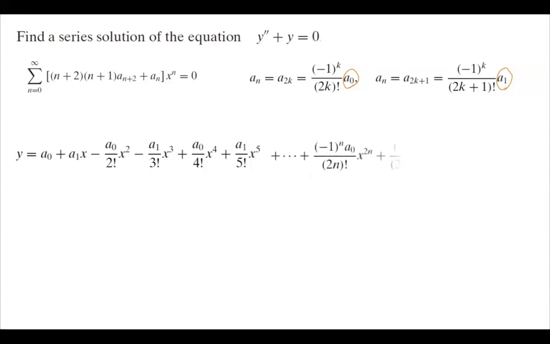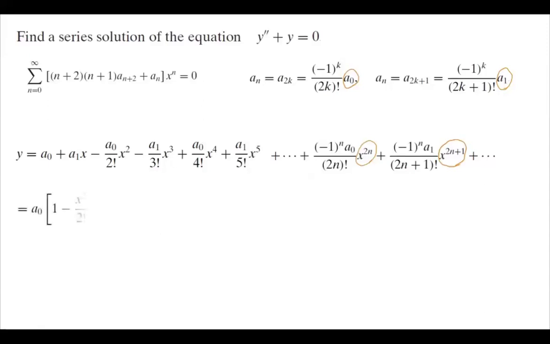Eventually we can see that it is the combination of negative 1 to power n a sub 0 divided by 2n factorial times even powers of x, plus negative 1 to power n a sub 1 divided by 2n plus 1 factorial times the odd powers of x.